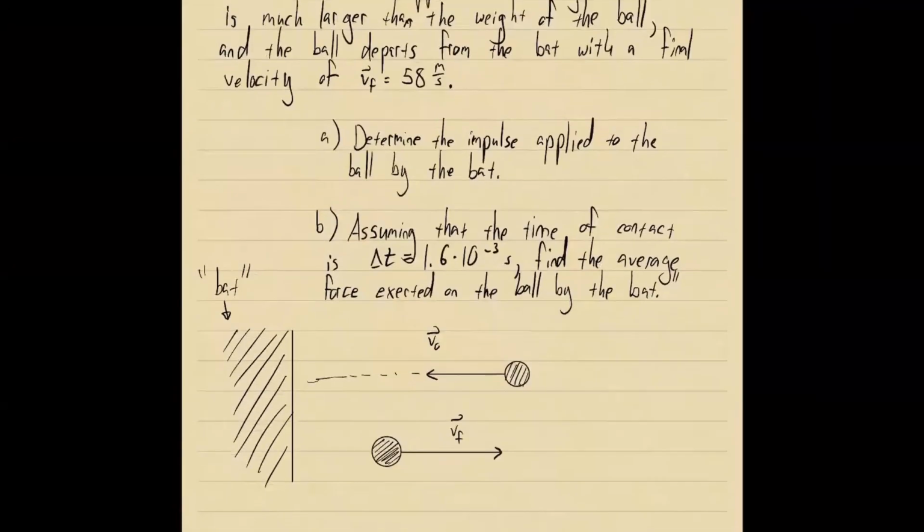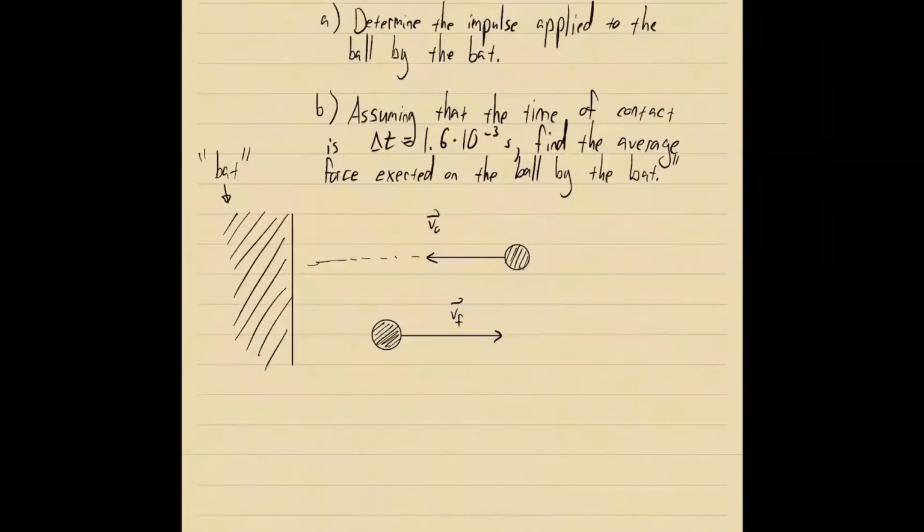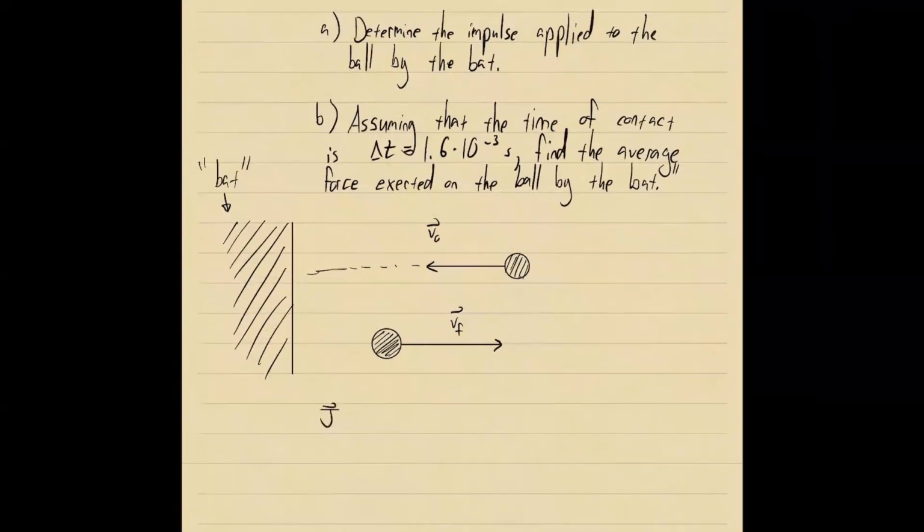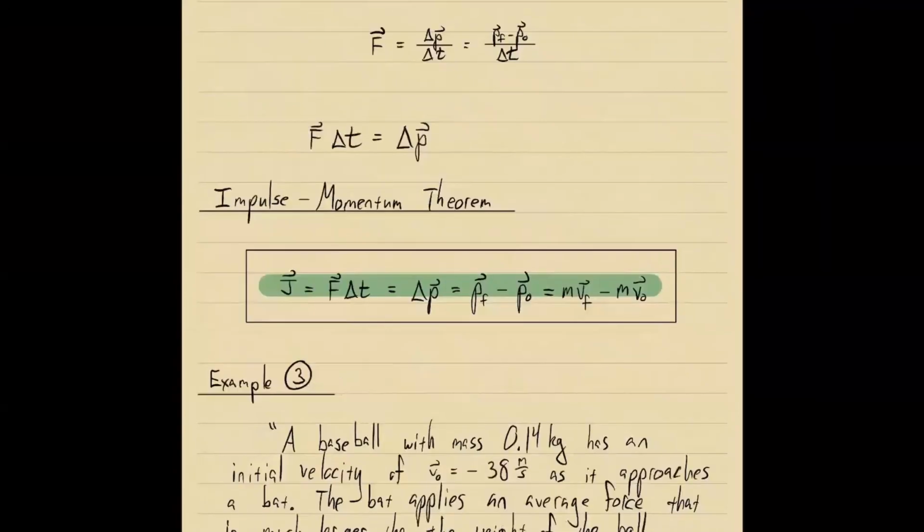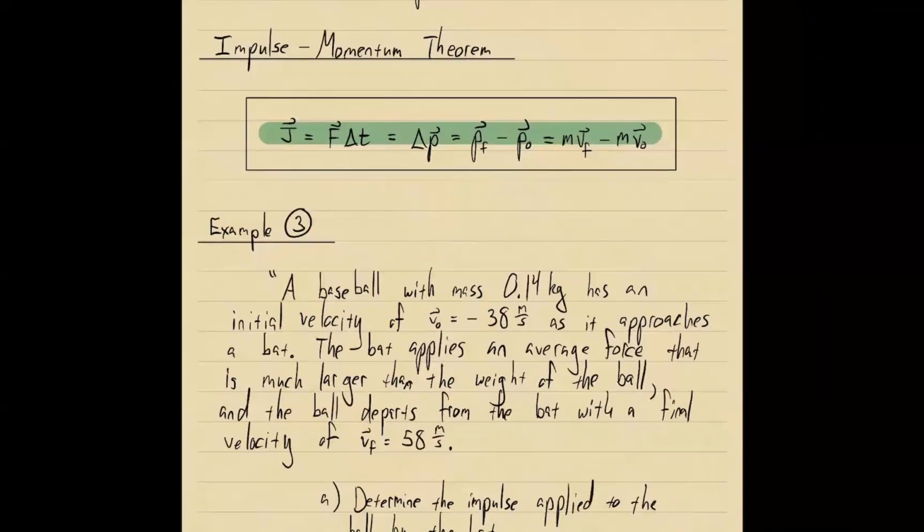And so the problem is asking us to calculate first the impulse applied to the ball by the bat. And then part B is asking, if we know the time that the ball is touching the bat, what's the average force exerted on the ball by the bat? So to begin with, if we want to calculate the impulse applied to the ball by the bat, we go back to our impulse momentum theorem: the impulse of a force is equal to the change in momentum of that object.